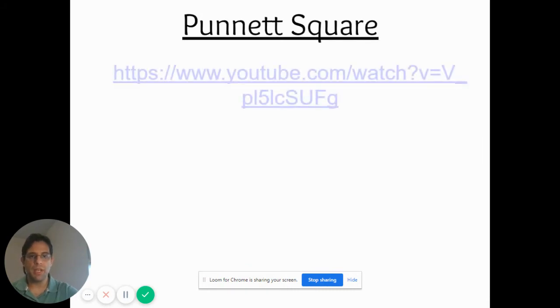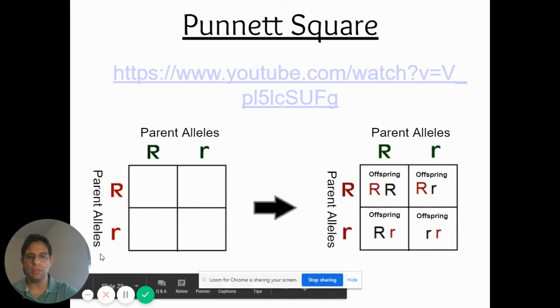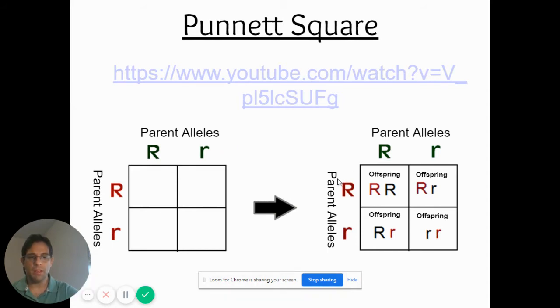For the Punnett square, you can check this YouTube video also with more information. But just like I told you, all you have to do is to describe the parent alleles on the side and the other parent's alleles on top. And then you basically mix them up. If I donate big R with big R, we have both uppercase R's.